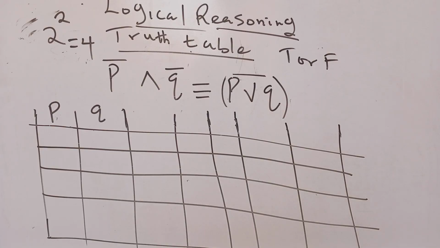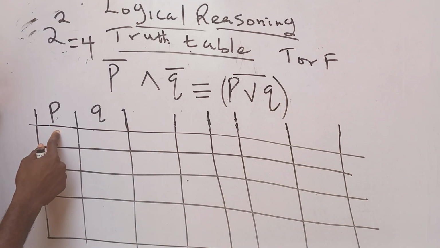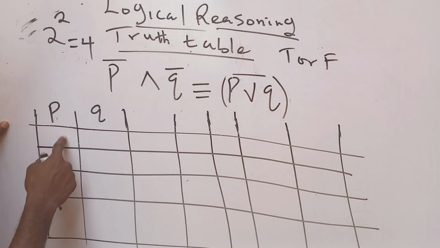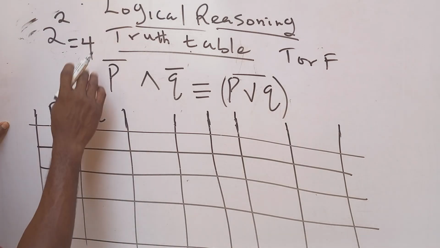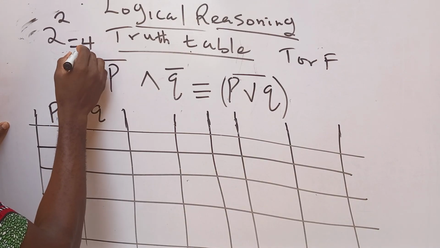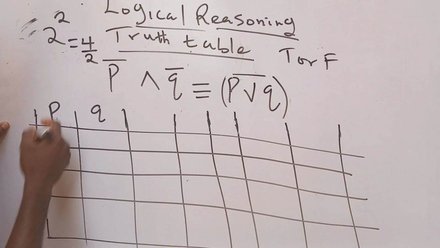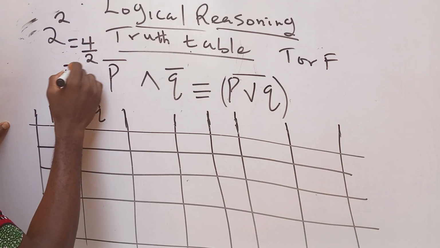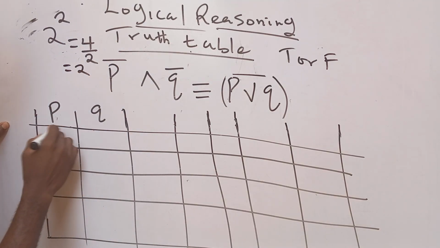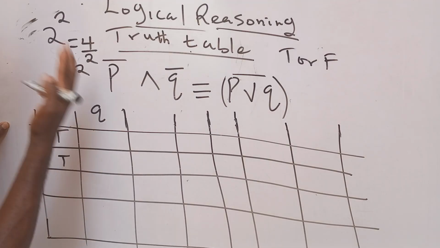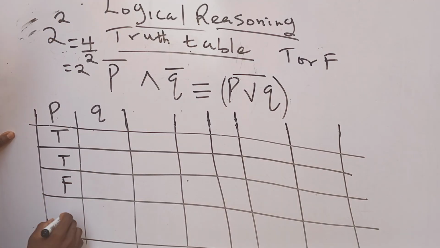After creating the 4 rows, the next thing is how many truths and how many falses will fill the first column. We come here and have 4 divided by 2, which is 2. So we're going to have true, true, false, false. We have completed this column now.